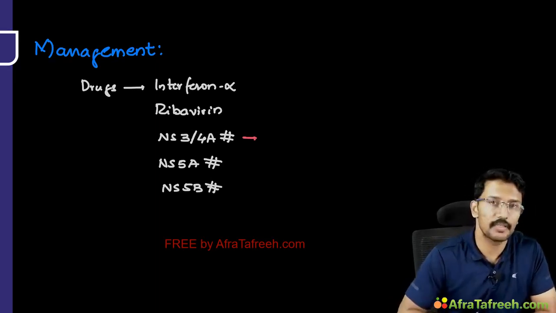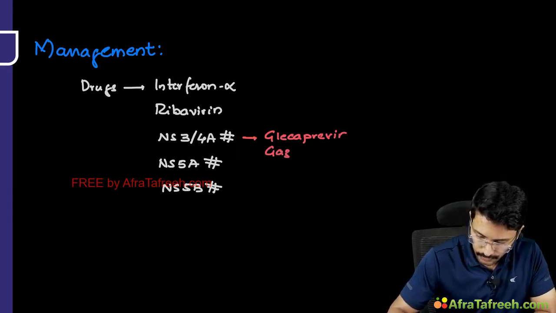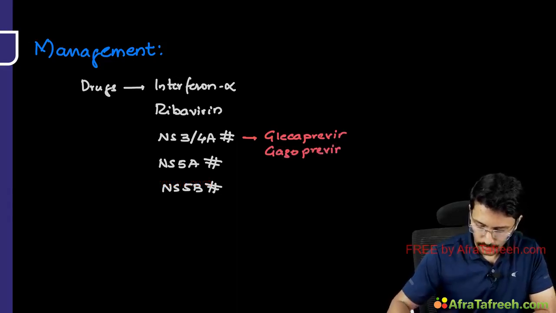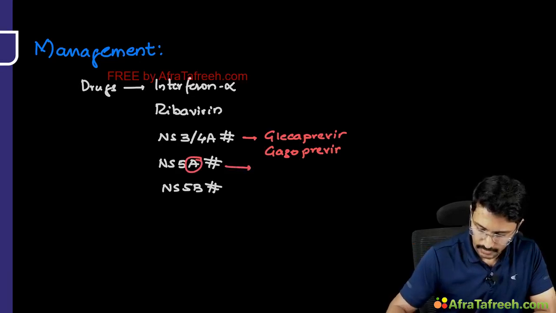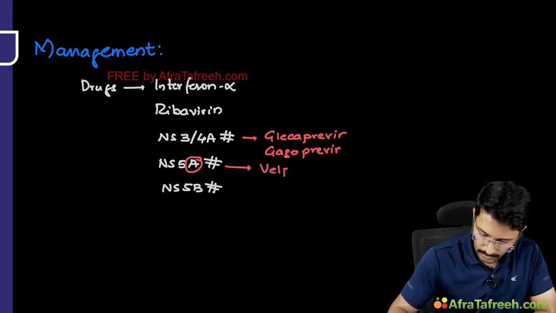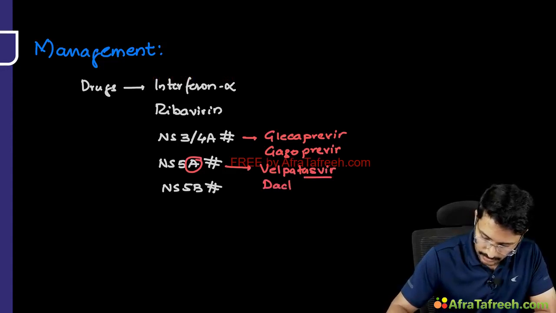They generally end with previr, right? Glecaprevir, gazoprevir. So all these previrs are your 3 or 4A inhibitors. Now A for asvirs, right? So all these asvirs, velpatasvir, right? There's one example I'm giving you, velpatasvir, daclatasvir.